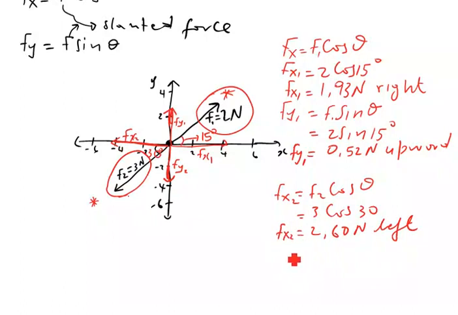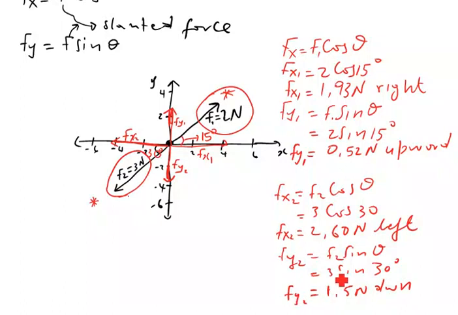Then we go to Fy2. It will be F2 sine theta. This is F2, so it's 3 sine 30. 3 sine 30 is 1.5 newtons. The direction is downwards. That is Fy2. This is how we resolve the components.